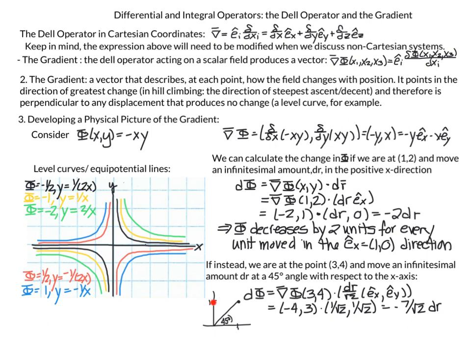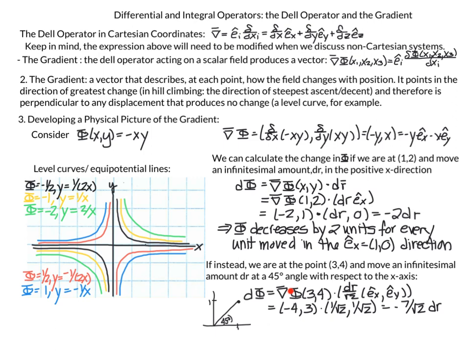Well, the direction vector is equal to the vector (1, 1). However, we need to normalize it so it's unit length. So our vector (1, 1) normalized is 1 over square root of 2 times (1, 1). So what we have here is dr over square root of 2 in the x direction and in the y direction.